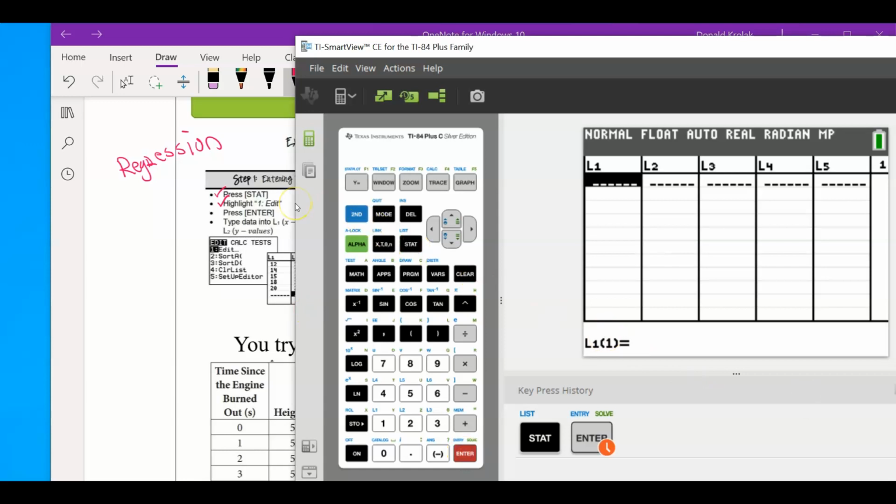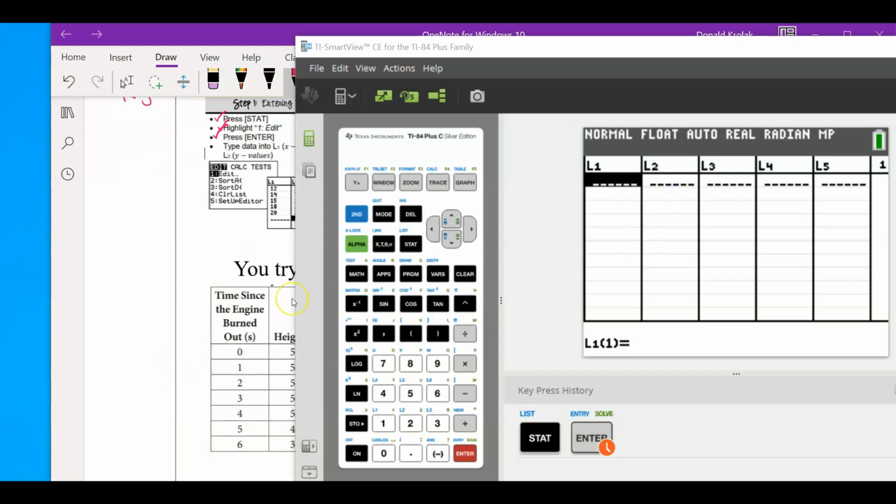Now it gives you all these columns that you can enter numbers in: L1, list 2, list 3, list 4. So in L1, we're going to put in the times right here. So you just type them in, hit enter, and it goes to the next line.